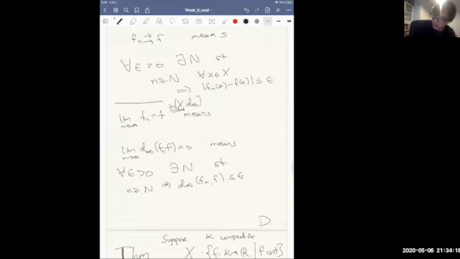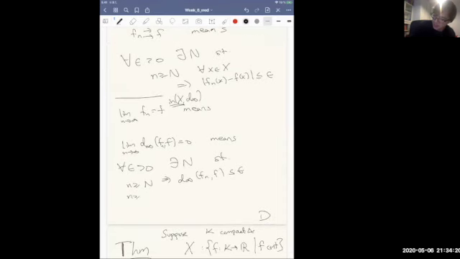But let's see what this means. Let's write this out. This means that the supremum over x in K, or your space X, being a little bit inconsistent with this, apologies for that, of |fn(x) - f(x)| is less than epsilon.